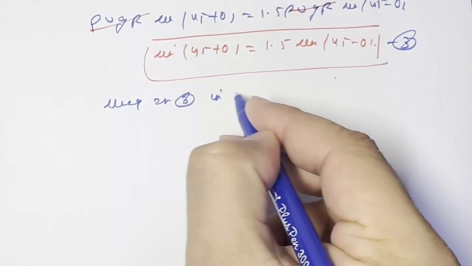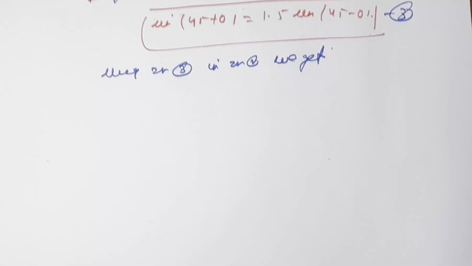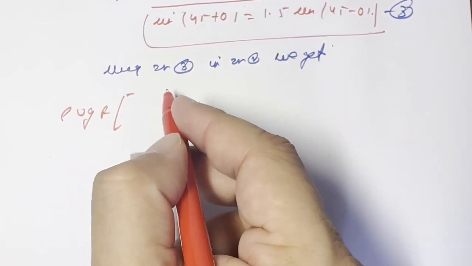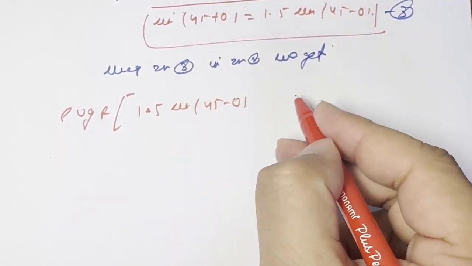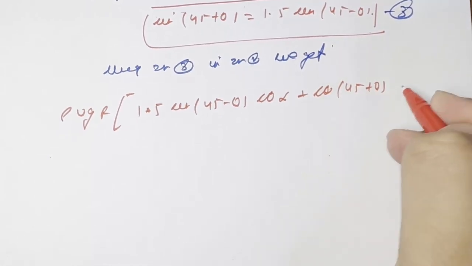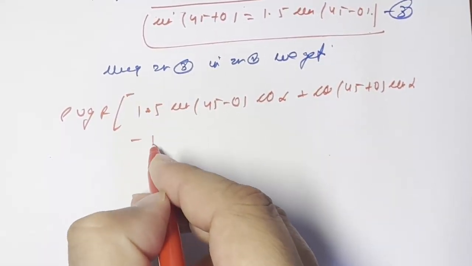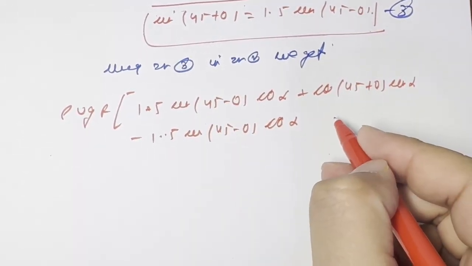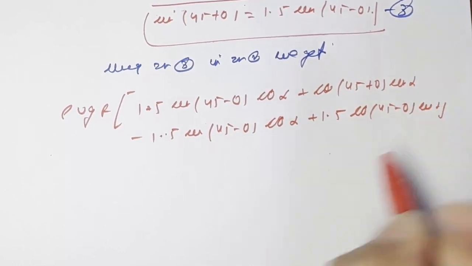Using equation 3 in equation 2, we get rho V g r common, and inside we can write 1.5 sine of 45 minus theta cos of alpha plus cos of 45 plus theta sine of alpha, minus 1.5 sine of 45 minus theta cos of alpha, plus 1.5 cos of 45 minus theta sine of alpha.